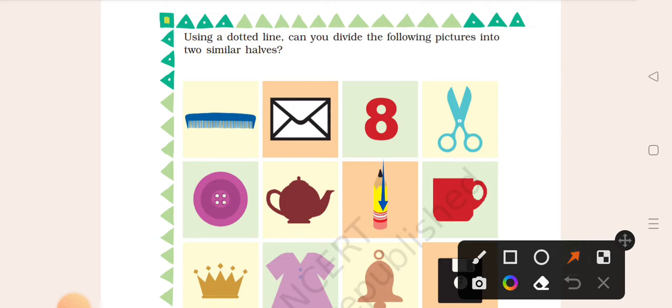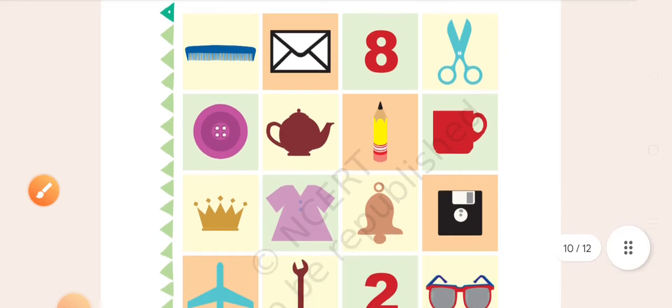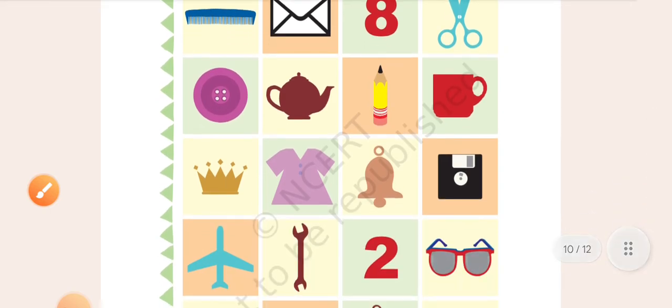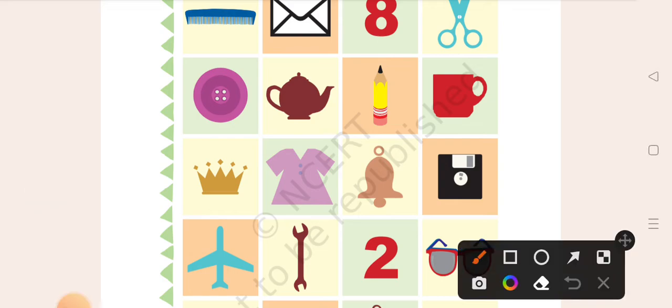A pencil will draw a middle line. A cup does not have. The crown which the king wears can also divide, but in a straight line.